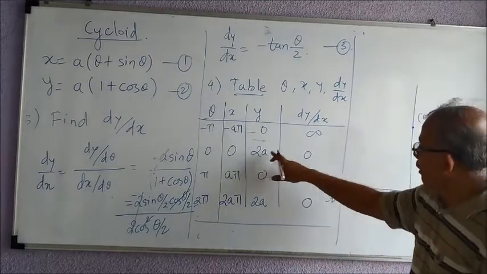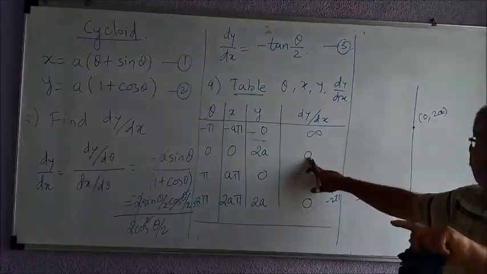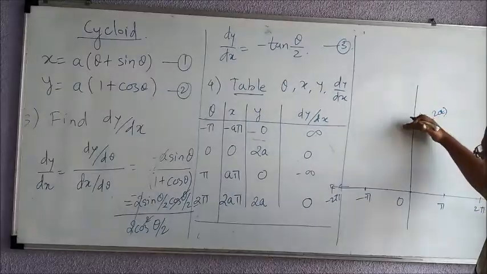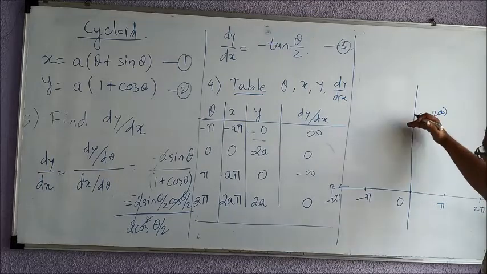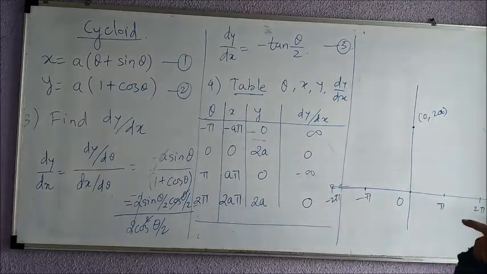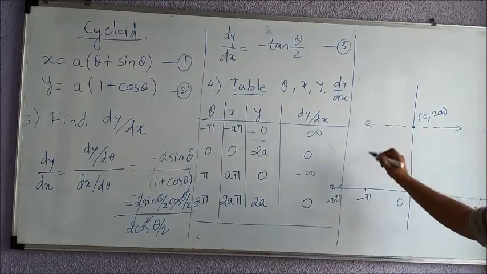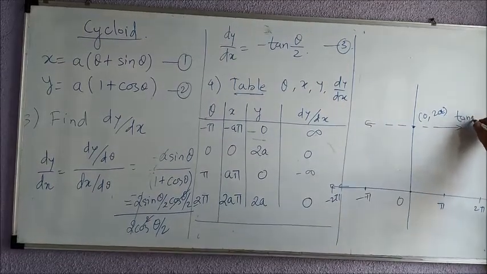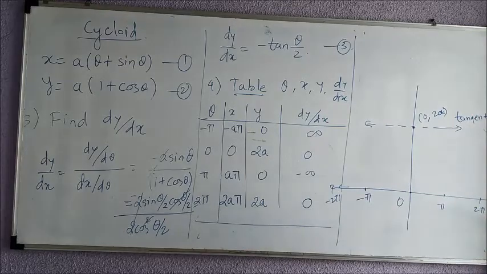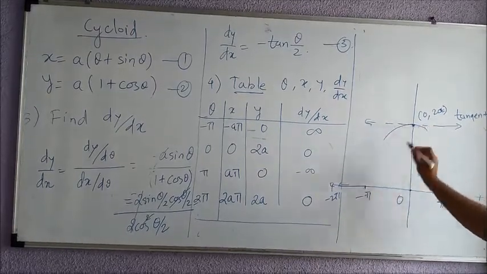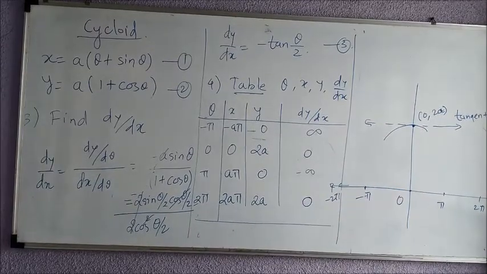And at that point, the slope of the tangent is 0. That means the tangent to the curve at that point is parallel to the x-axis. This is the tangent. At 0, 2a, so the curve has to be like this.